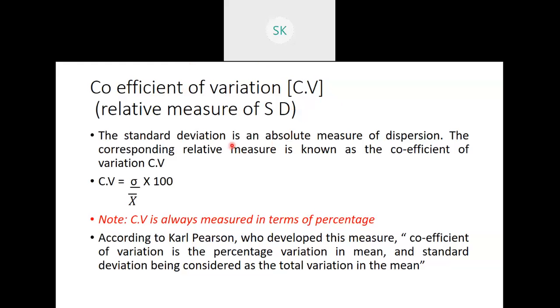The standard deviation is an absolute measure of dispersion. Okay, so we were very clear, we got the values properly in standard deviation. Now, the corresponding relative measure is known as coefficient of variation. Now, let's just recall what all we studied.